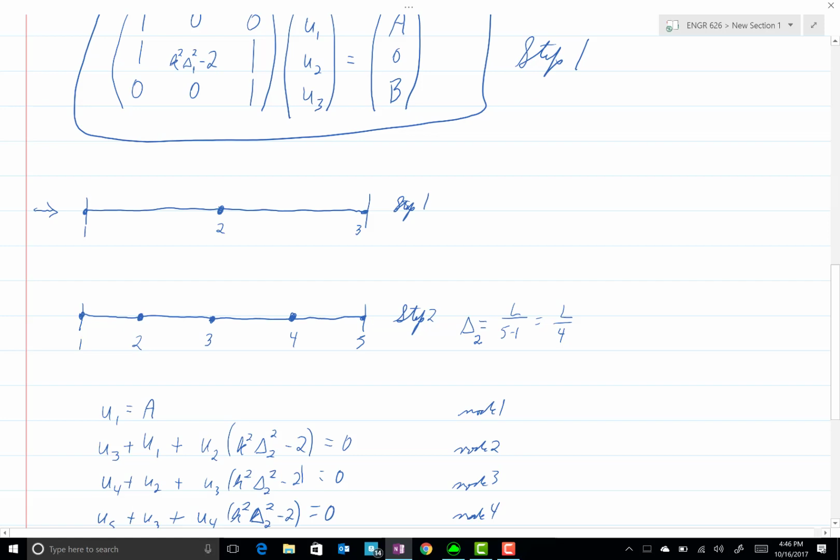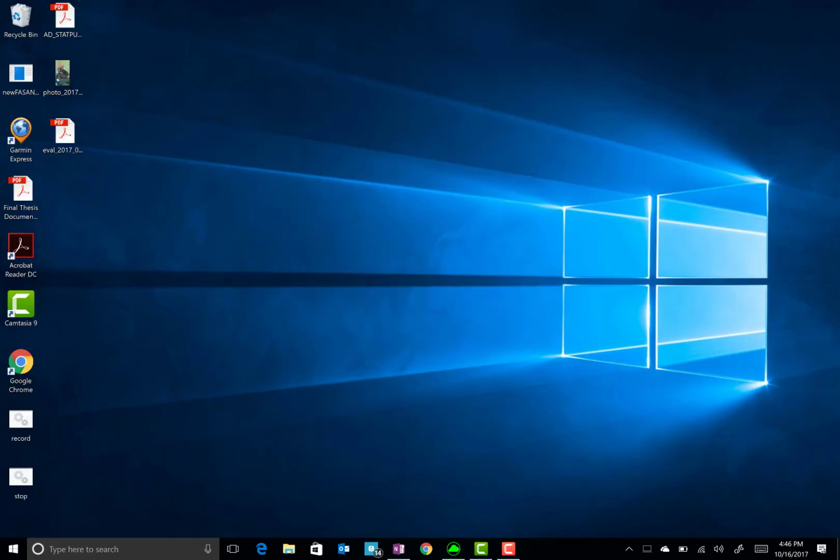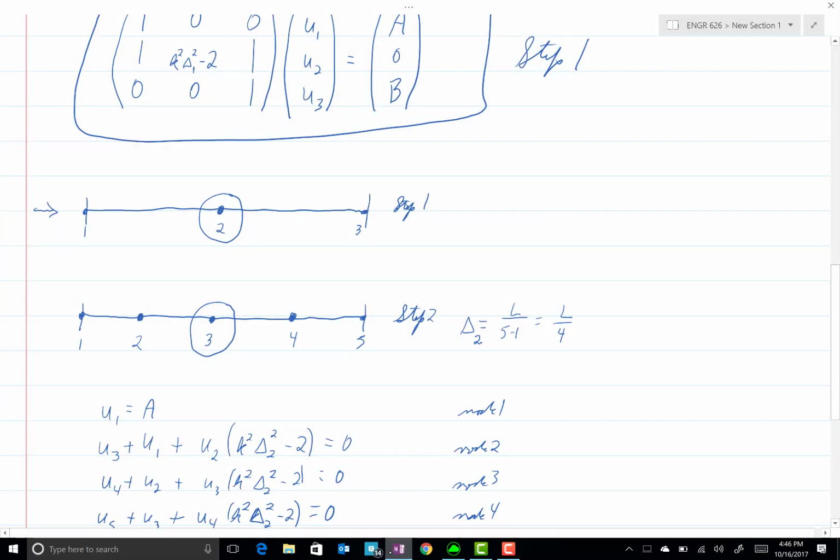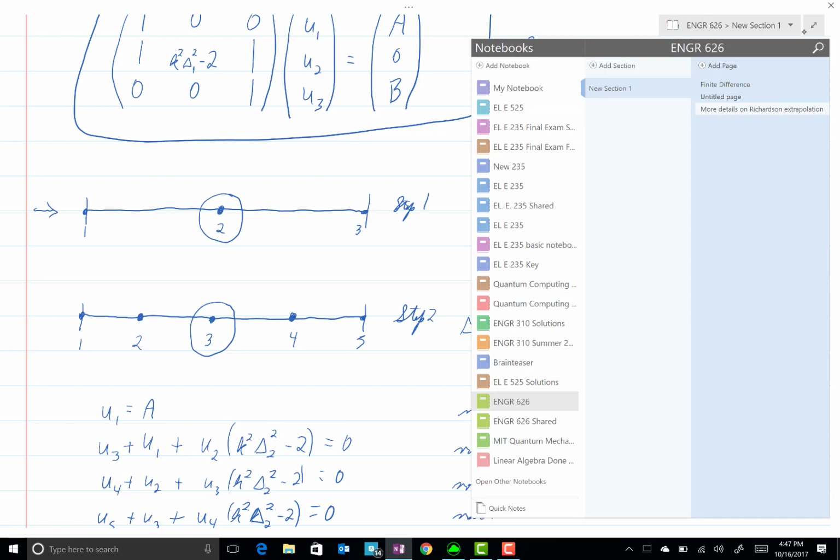So in general, we would expect the solution at node 3 in step 2, here, I'm talking about right here, to be more accurate than the solution up here from the first step, because in the second step there are more nodes. But it turns out that by using the formula for the Richardson extrapolate, we can get an even more accurate solution. So let's review that for just a moment.